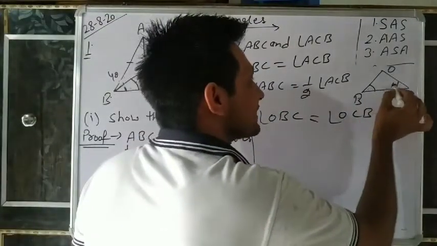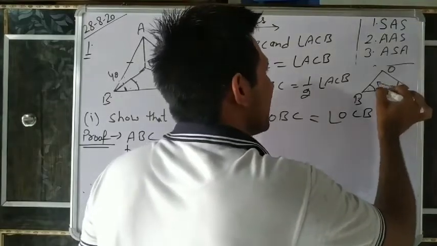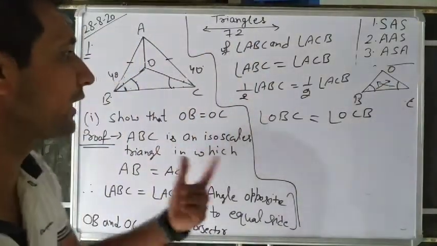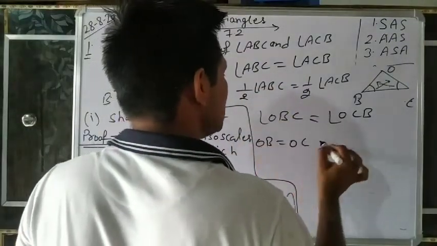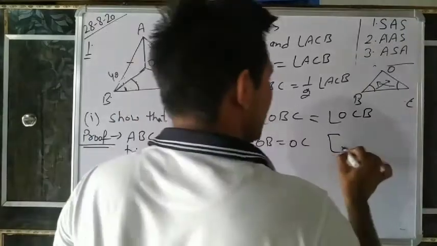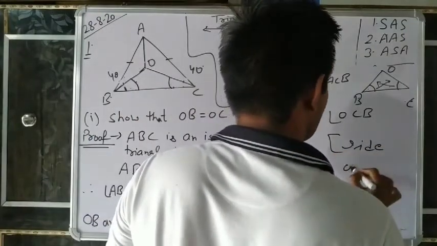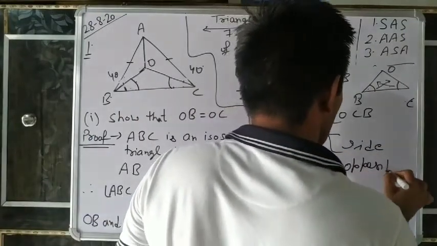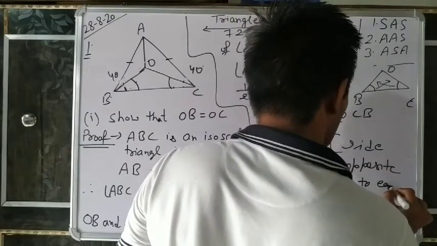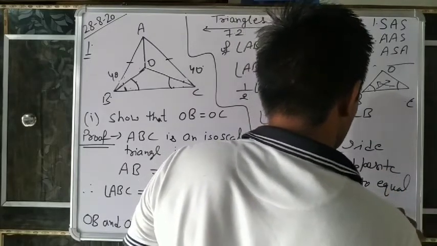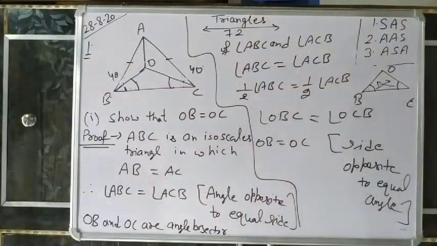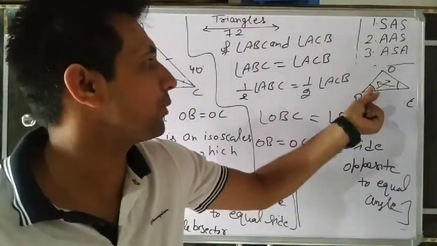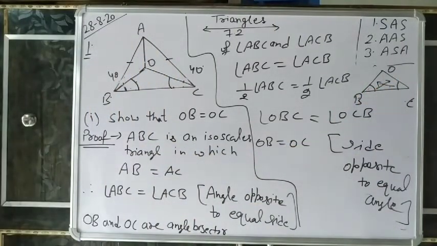Yes, if angles are equal, then opposite sides are always equal. So you can write OB equal to OC. Reason: side opposite to equal angle. OB equal to OC because these sides are opposite to equal angles.